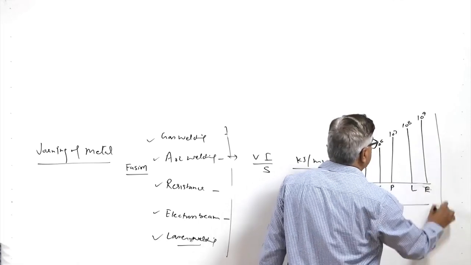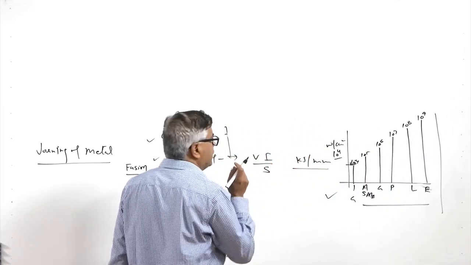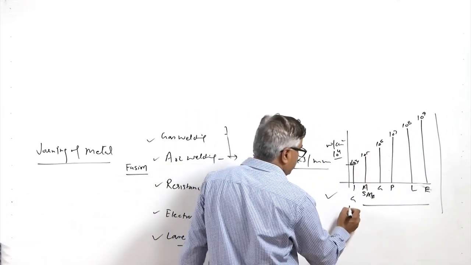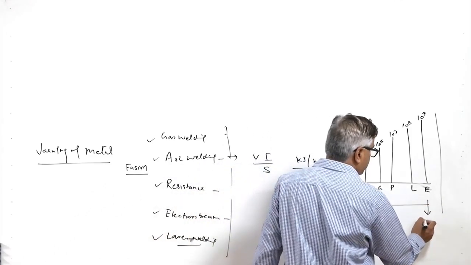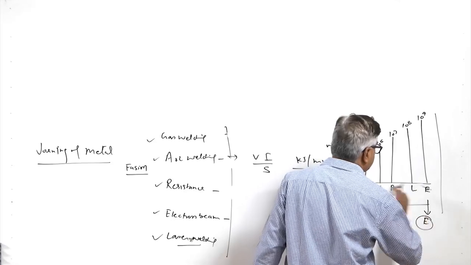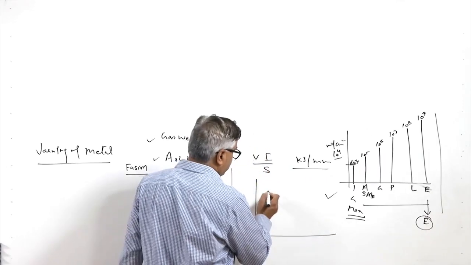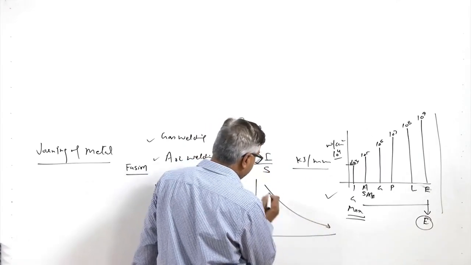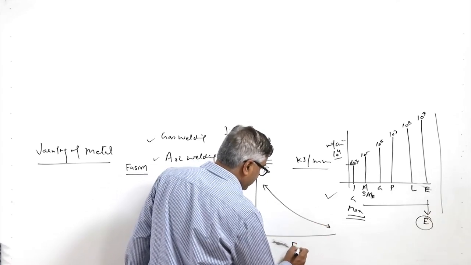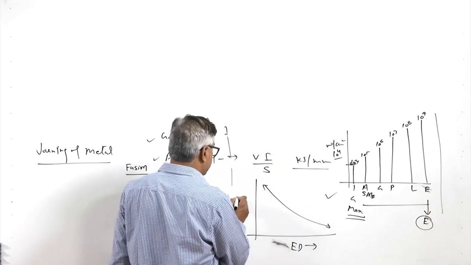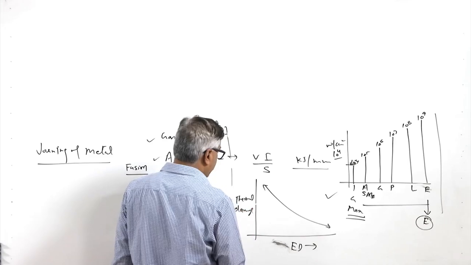So, energy density keeps on increasing. This is in increasing order in case of the fusion welding processes. Maximum heat input is there in gas welding, and minimum heat input is there with electron beam welding. If we try to see how it affects, in the x axis we have energy density, and in the y axis we have thermal damage to the workpiece.